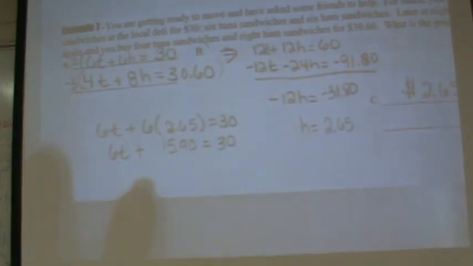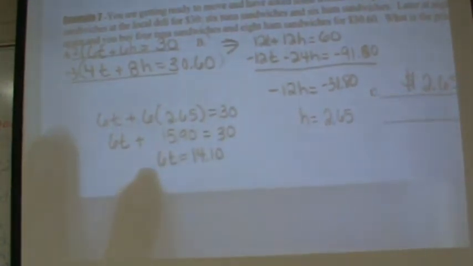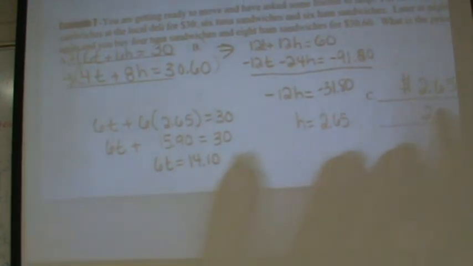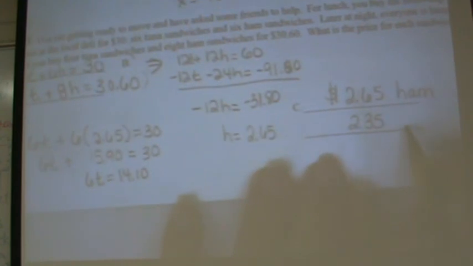And 30 minus 15.90 is 14.10. And then divide that by 6. And you get 2.35. Did you get 2.35? Yep. And that's for your tuna.